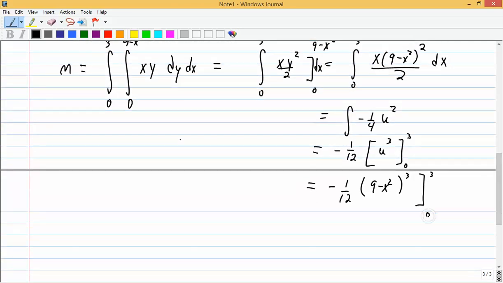This is one of those times when plugging in 0 doesn't give you 0, so be careful there. I have negative 1/12. That's a constant, so I'm just going to leave that on the outside, and then I'm going to do my work in here. Now, when I plug in a 3, I get 0, minus, now when I plug in a 0, I get 9 to the third power. 9 times 9 is 81 times, wait, is that right?